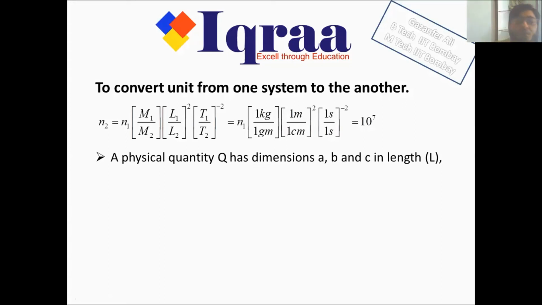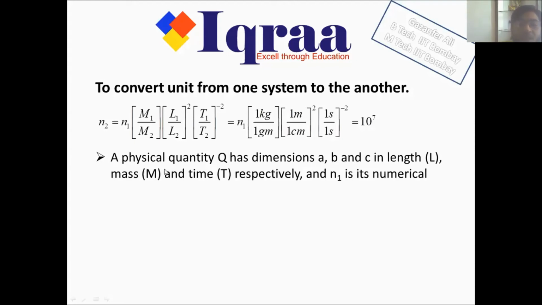So now let us try to generalize this formula. Any physical quantity which has dimensions A, B and C in mass M, length L and time T. I am right now talking about only length, mass and time, limiting ourselves to the mechanics part of physics.